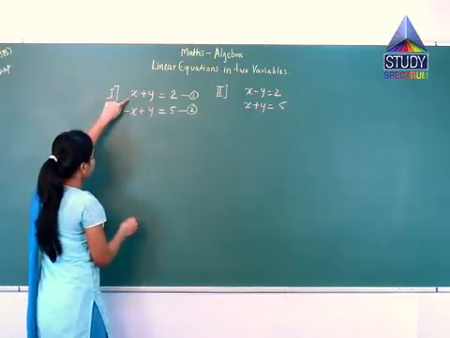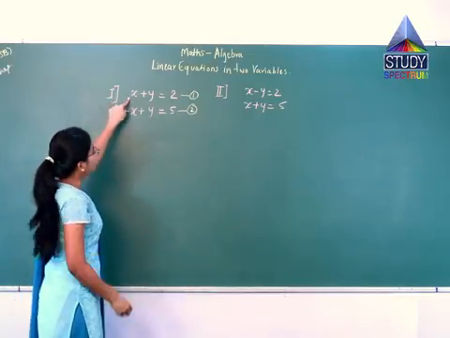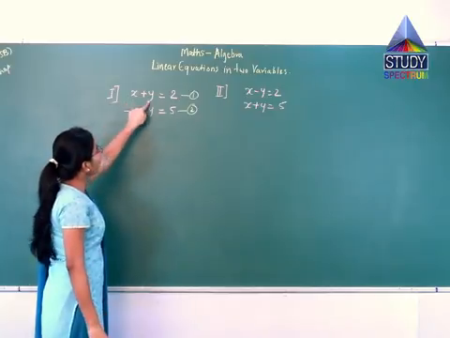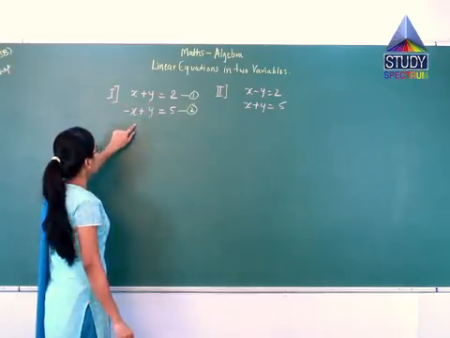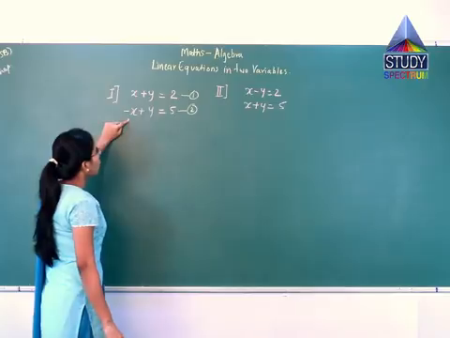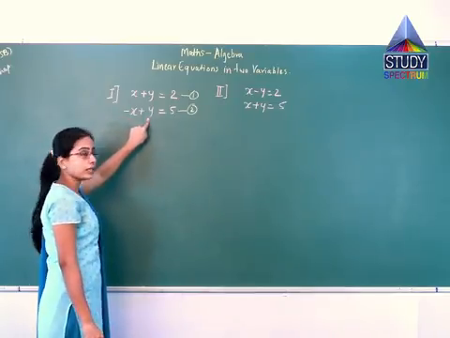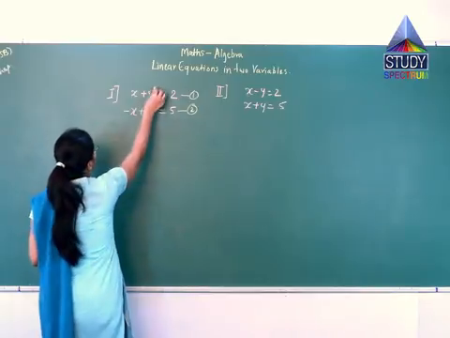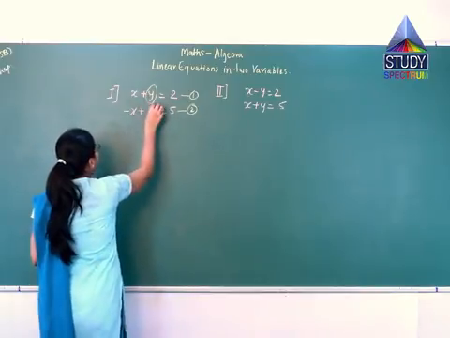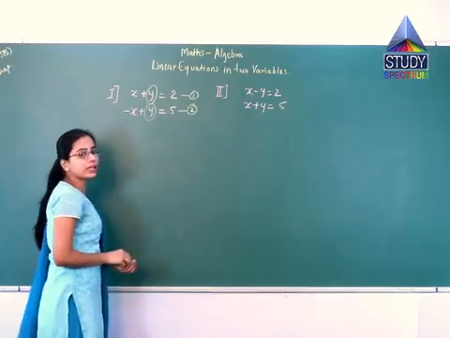In the first equation the coefficient of x is 1 and the coefficient of y is 1. In the second equation the coefficient of x is minus 1 and of y is 1. That means y has a similar coefficient.